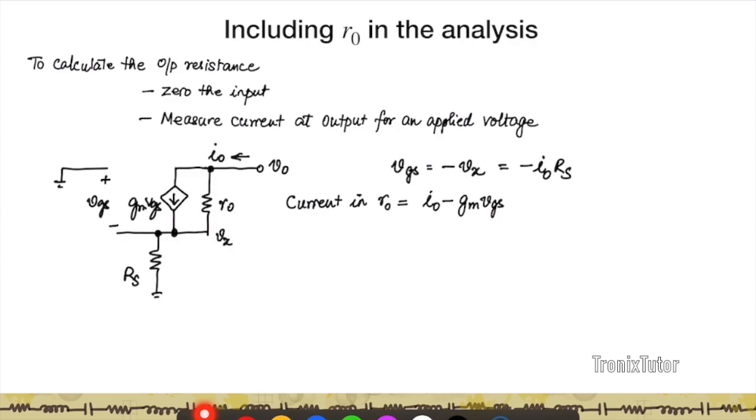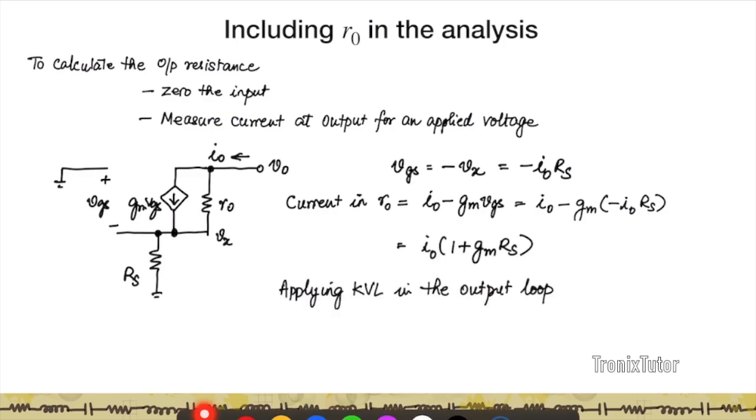So the current in R0 is I0 minus gmVGS, or in other words, it's given by I0 into (1 plus gmRS). And now let's apply KVL in the output loop. So my V0 is given by the voltage drop across R0 plus the voltage drop across RS. And so I can write this as I0 into (1 plus gmRS) into R0 plus I0 into RS.